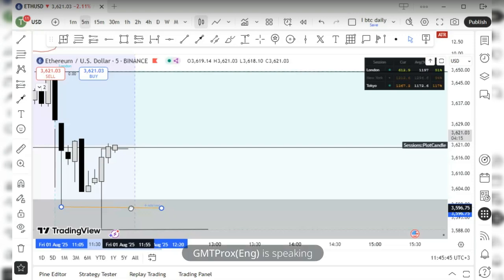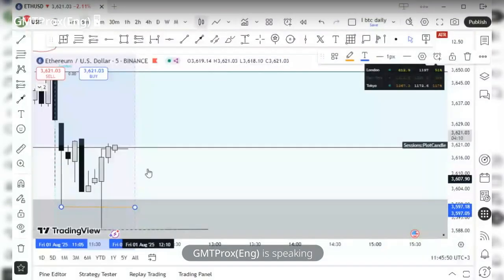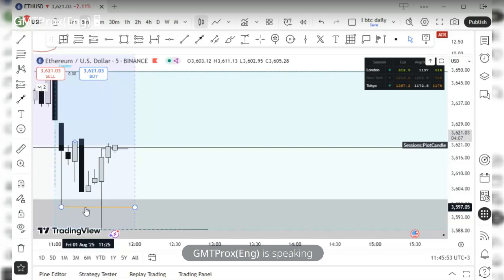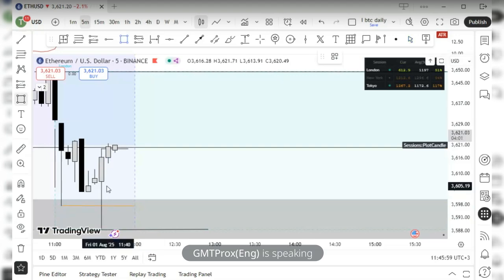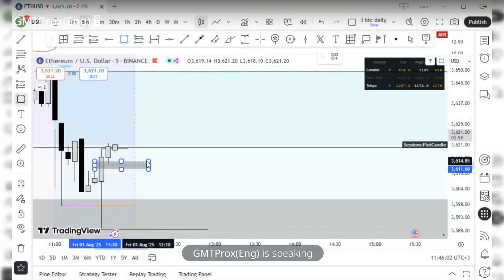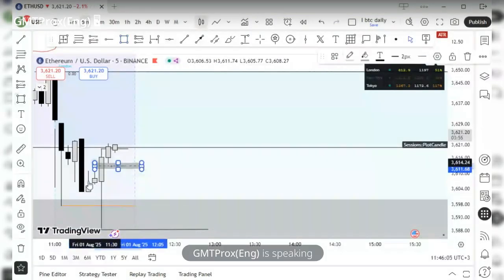So this was our last, this is our low. We can say liquidity being grabbed on a lower time frame. Okay, and where is our fair value gap? This is our fair value gap. You see our fair value gap? This is our fair value gap.